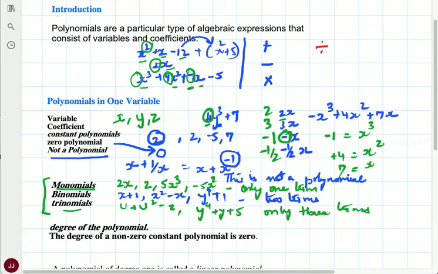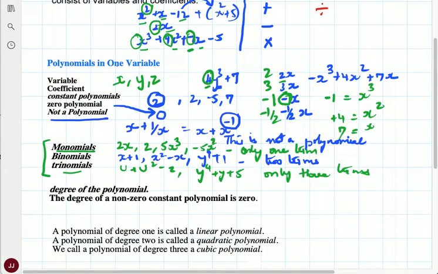Let's see what is the degree of a polynomial. The degree is the highest power of the variable. For example, let's say we have p of x equal to 3x power 7 minus 4x power 6 plus x plus 9.